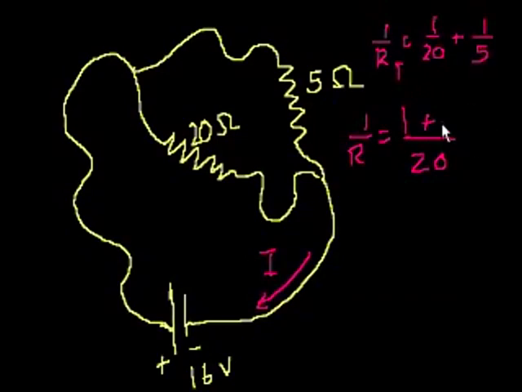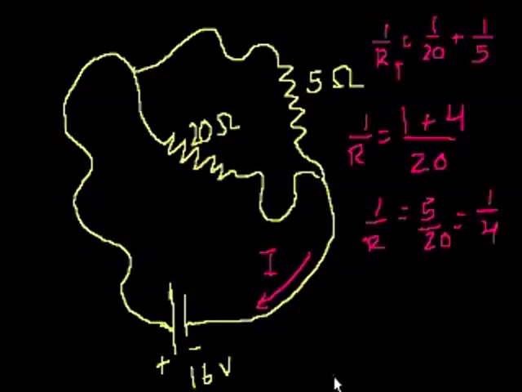That is 1 over 20 plus 4 over 20, right? So 1 over our total resistance is equal to 5 over 20, which is equal to 1 over 4. So if 1 over R is equal to 1 over 4, R must be equal to 4. So R is equal to 4 ohms.